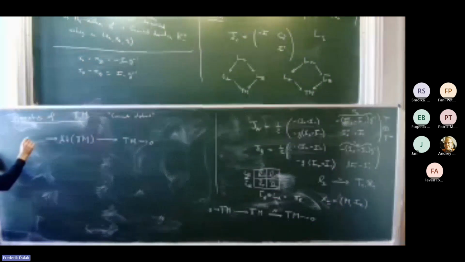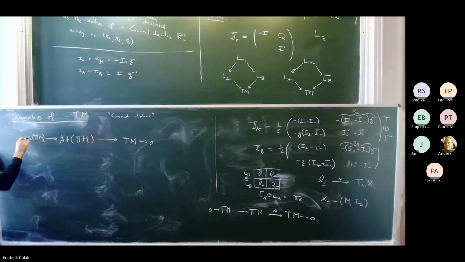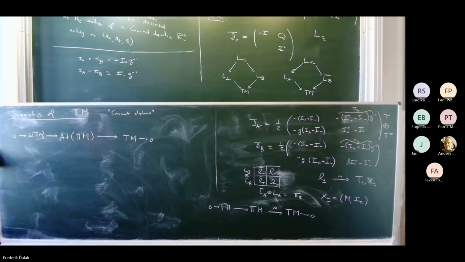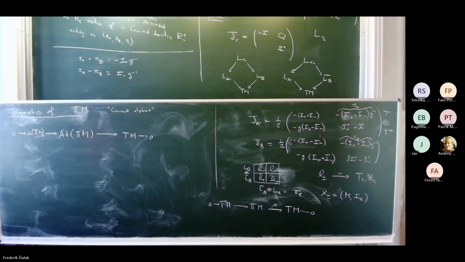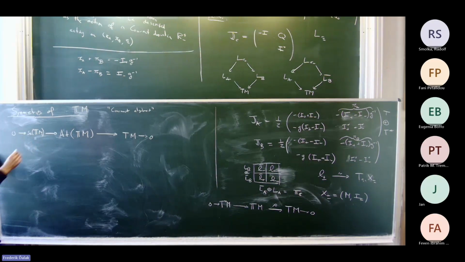And so here we have SO. And as we know, the special orthogonal Lie algebra is just skew symmetric matrices.